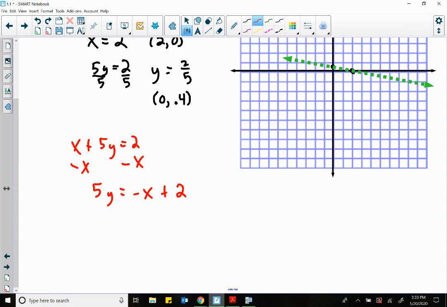Okay? Divide by 5. Divide by 5. Divide by 5. Notice I didn't divide the x by 5. I divided the number that's in front of it. If you do not see a number in front of your variable, remember that it is the invisible 1 that we all know and love in algebra. Okay?